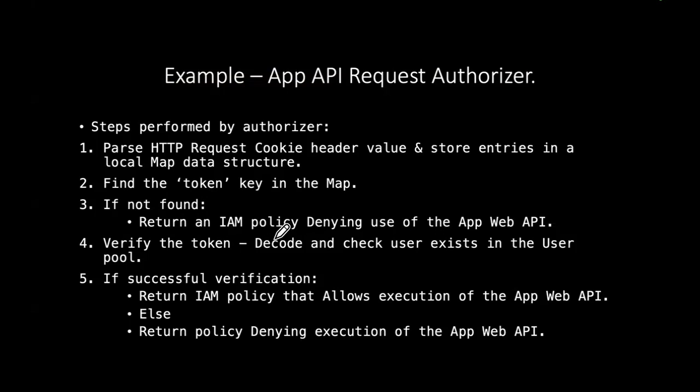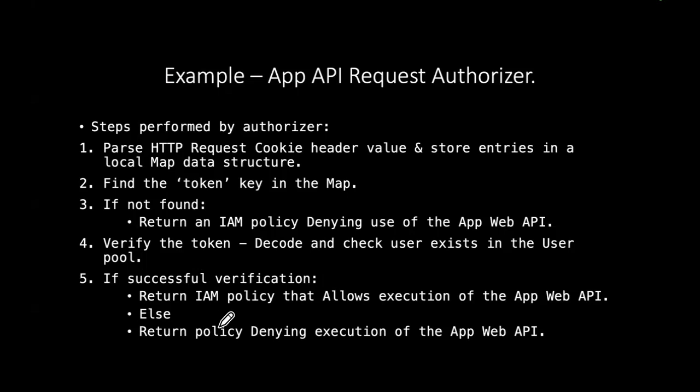So I ask it to verify the token. If the verification is successful, again, I dynamically generate my IAM policy that says you can allow this request to go through to the backend, otherwise deny it access to the backend.